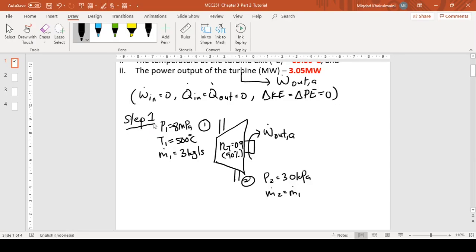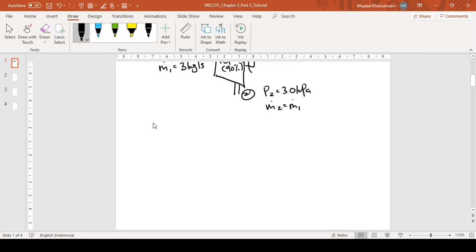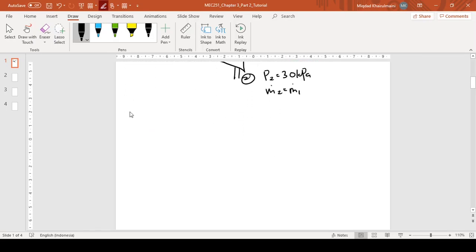Now for step 2, let's try to write the equation. So for the first item, the exit temperature, exit is at the state 2, so this is T2.